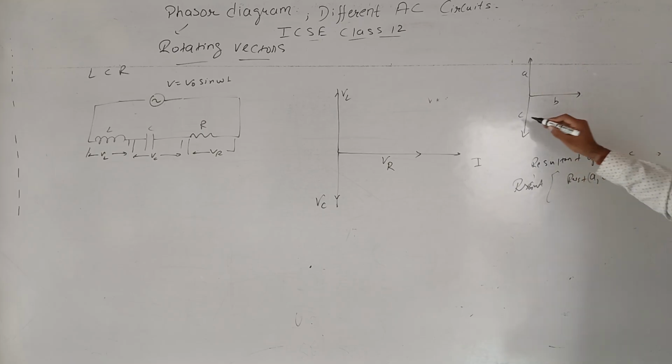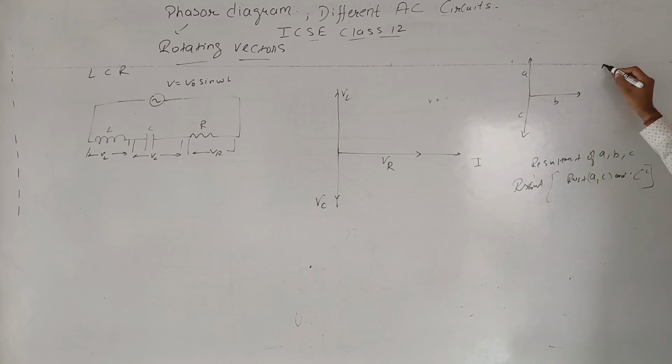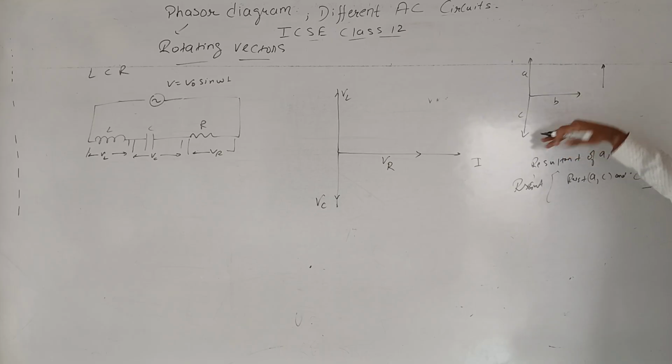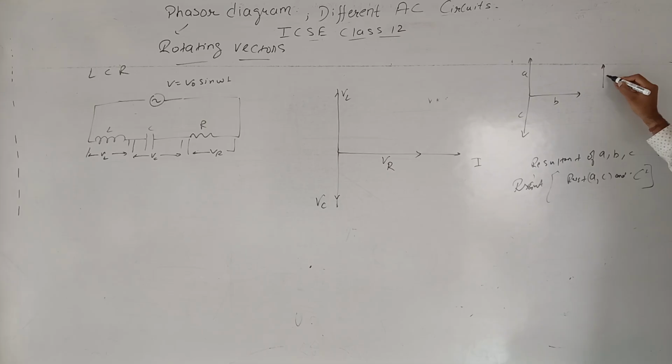So let the resultant of A and C be in this direction. Because both are opposite to each other, this will be the direction of the resultant, A minus C, assuming A is greater than C. And this is B, and this will be the resultant of A minus C and B.